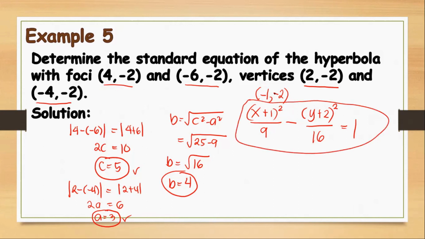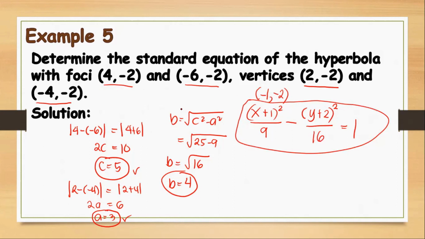Again, take note, in order to find the center, you have to identify the midpoint of the two given vertices or the two given foci. In that case, you are able to identify the value of our center.